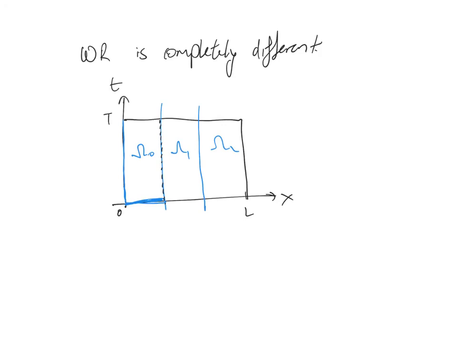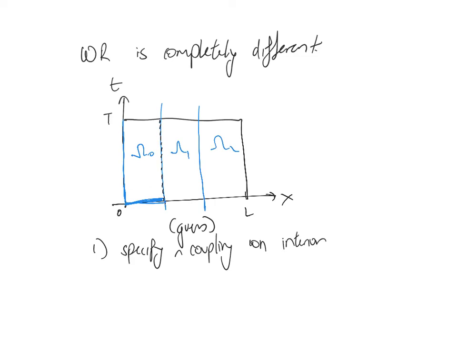If I knew what it was, I could solve and everything would be happy. But the idea behind waveform relaxation methods is you guess what this coupling, or this artificial boundary condition, is for your interior domain. So you specify, which means guess, what we call coupling conditions on the interior domain.